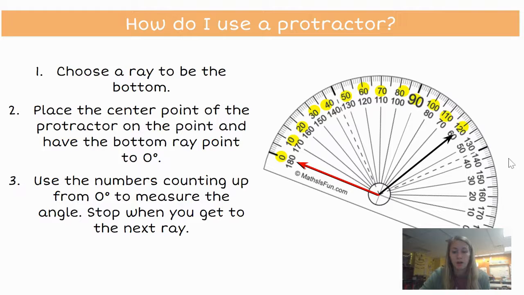So you can see that the other side of the angle, this black arrow here, is pointing at the number 120. So we counted up from 0 to 120. That's a big angle. If you remember, over 90 degrees, this big number 90 here, means it's obtuse. So we have an obtuse angle of 120 degrees.